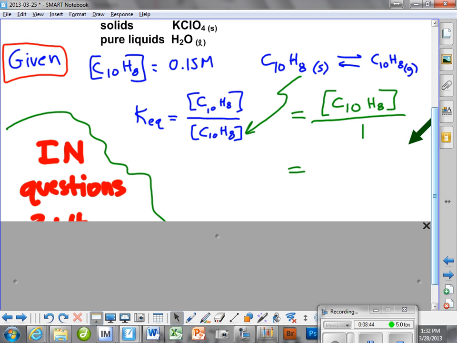So what is the top part of this side going to look like now, Sierra? We plug in the given. What's going to be on top and bottom now? Now we're plugging in the actual value of the molarity.